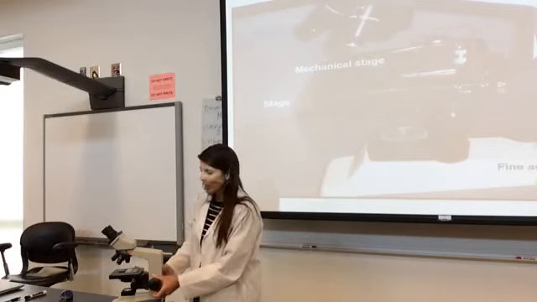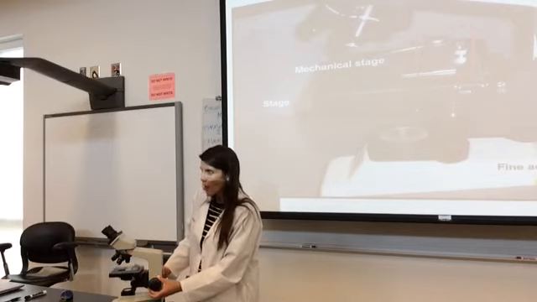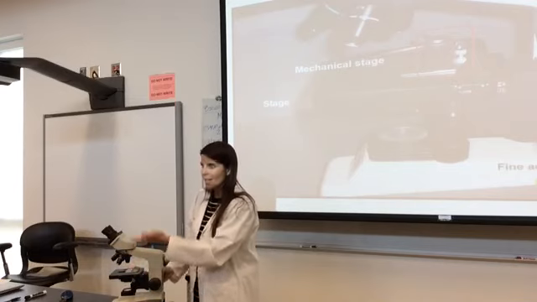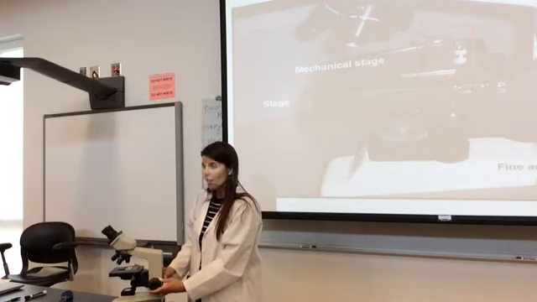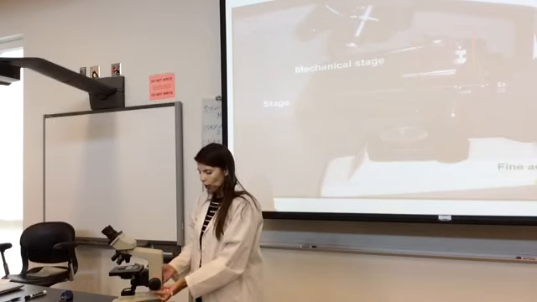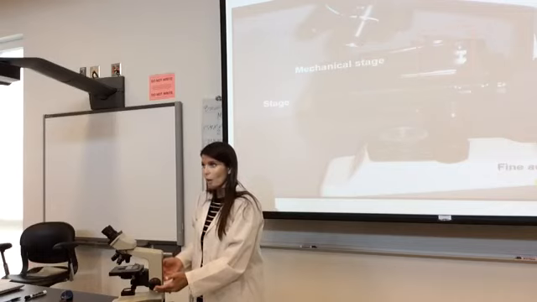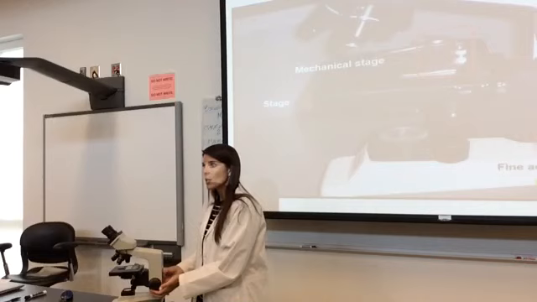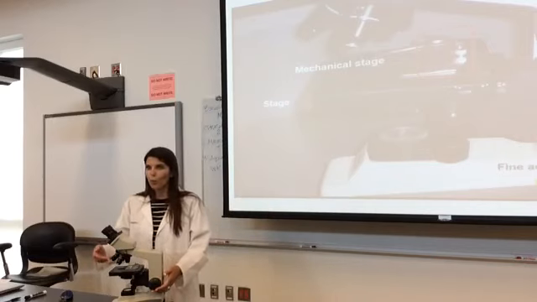When you use the coarse adjustment knob, the one that is medial, the larger one, it moves that stage up and down. Physically moves it. When you stop using the coarse and you use the knobs that are on the outside or more lateral, those are called the fine adjustment knobs, the stage doesn't move.